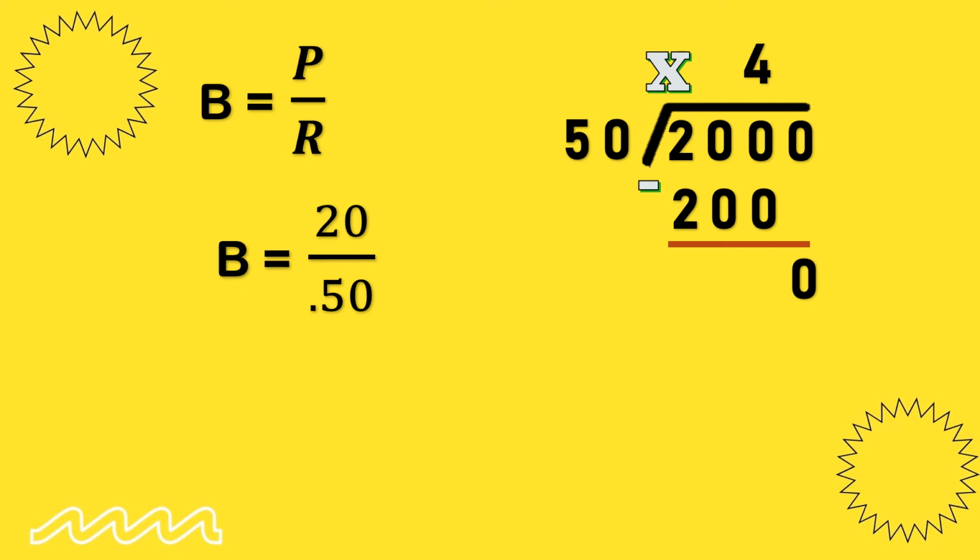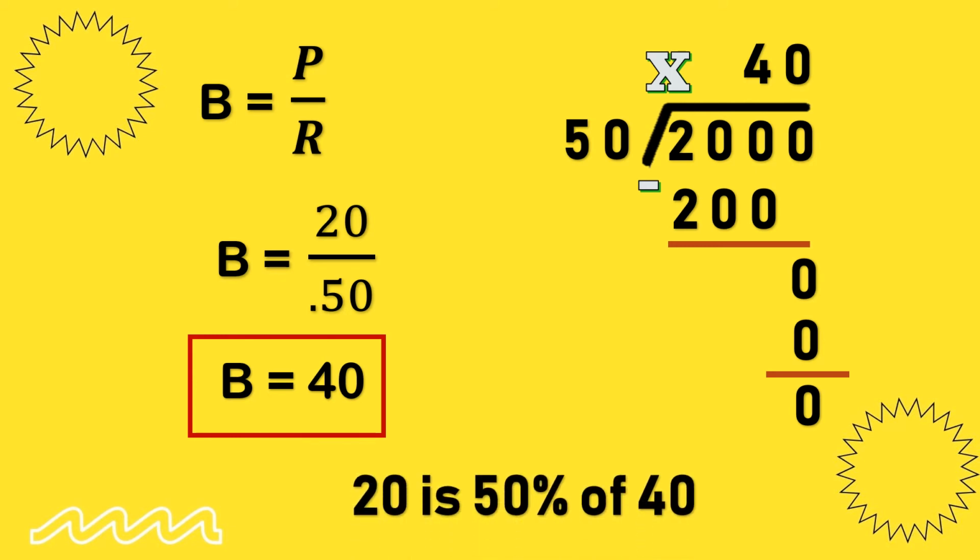Next is bring down 0. 0 divided by 50 is equal to 0. 0 times 50 is equal to 0. And 0 minus 0 is equal to 0. Therefore, B is equal to 40. And so, 20 is 50% of 40.